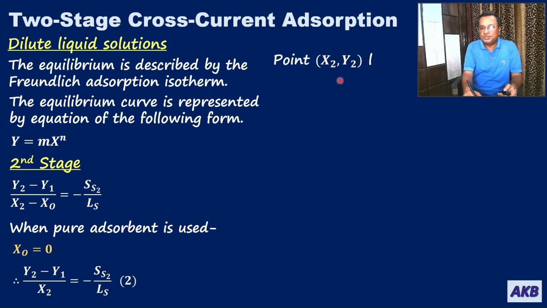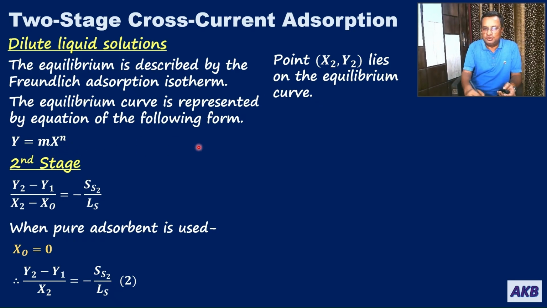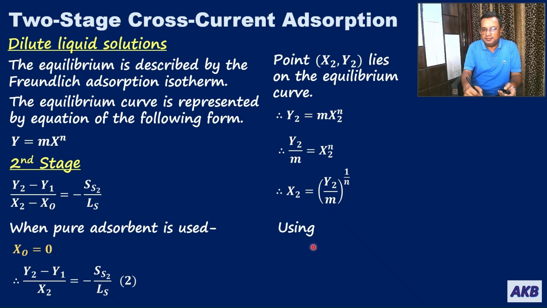Now point X2, Y2, that is point T on the equilibrium diagram, lies on the equilibrium curve because the leaving phases are considered to be in equilibrium with each other. So this point should satisfy the equation of the equilibrium curve. That's why you have capital Y2 is equal to m into capital X2 raised to n, that is capital Y2 by m is equal to capital X2 raised to n, that is capital X2 is equal to Y2 by m raised to 1 by n.